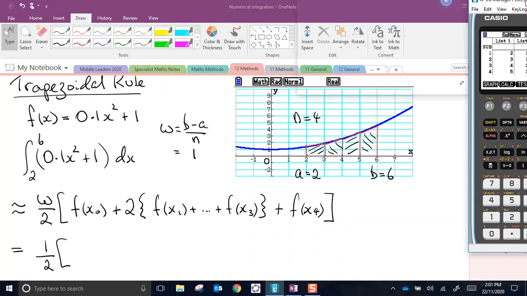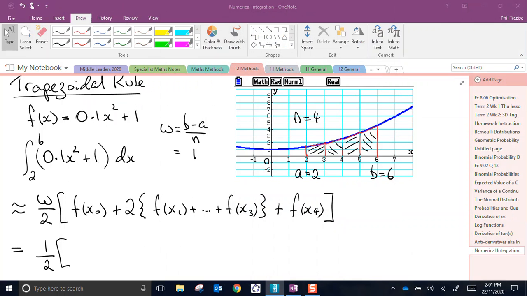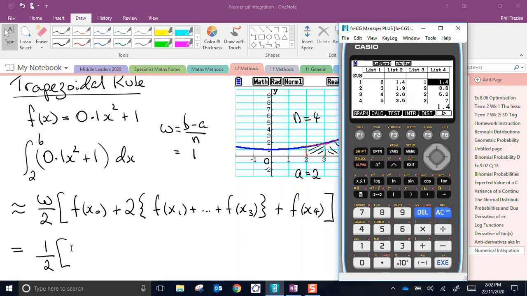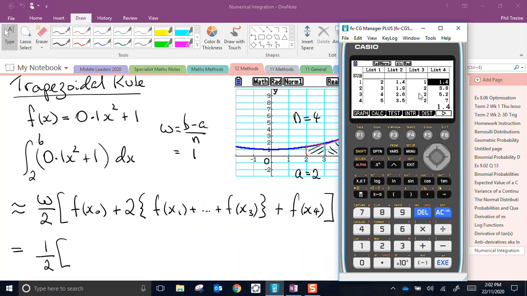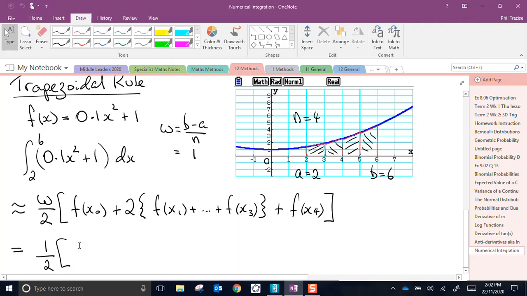Now, when it comes to writing some things down in my book to show the working, I will go back to my list, and I see here that when x naught, when x was 2, the function value was 1.4. So that's what goes here. 1.4 plus 2.